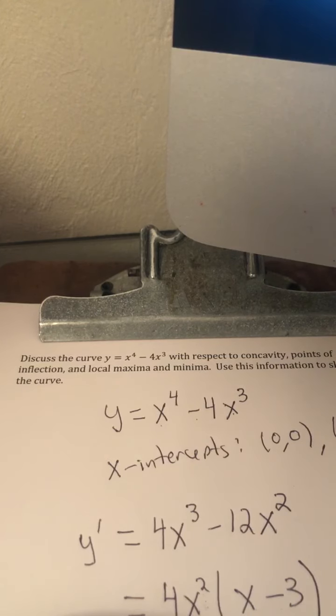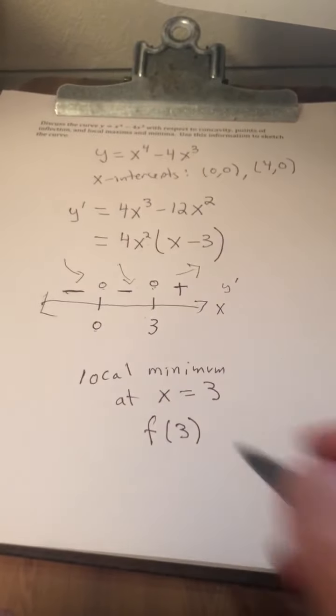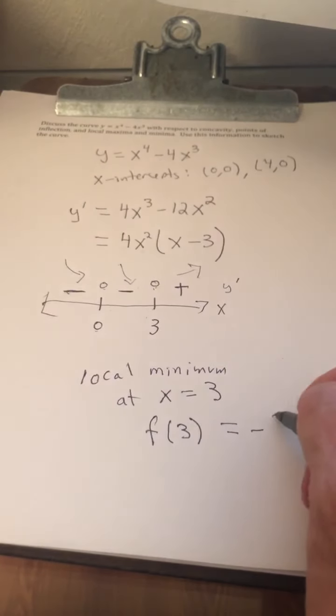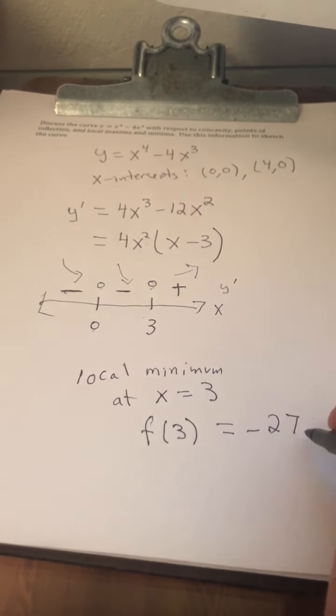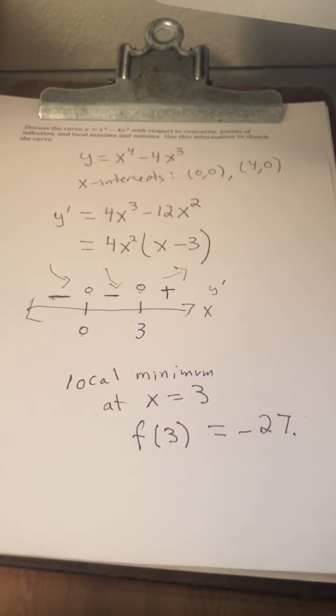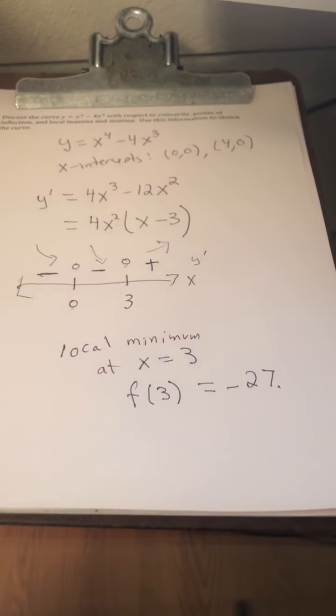Then we have minus 4 times x cubed. 3 cubed is 27, so what I have is 81 minus 4 times 27, which is negative 27. So f of 3 is negative 27. We're going to need that later when we graph this function. Okay? So we have a local minimum.